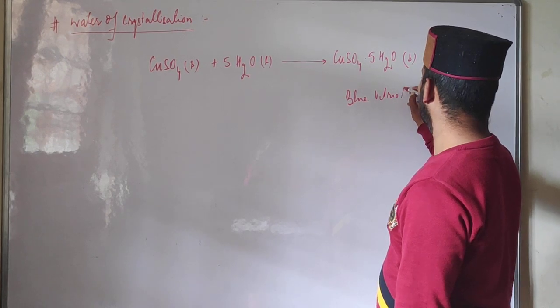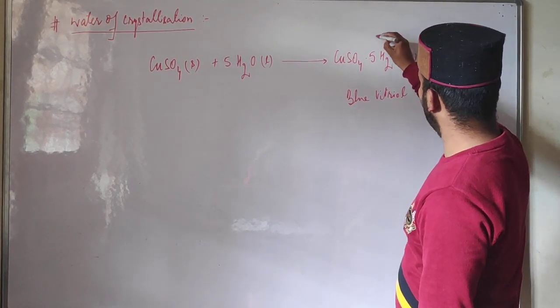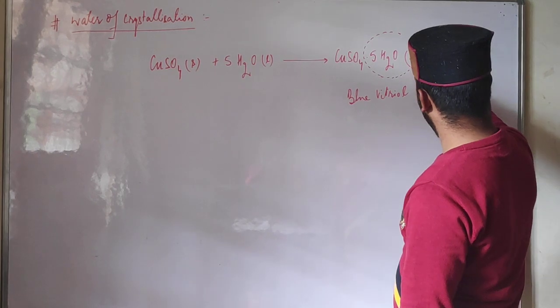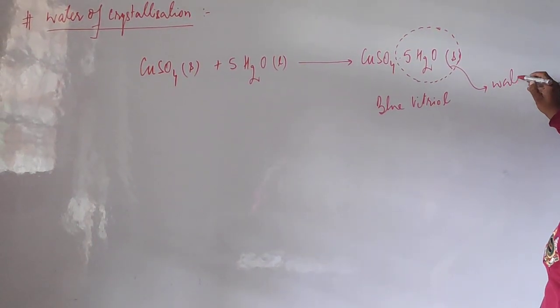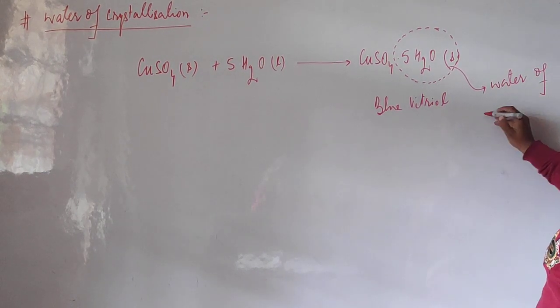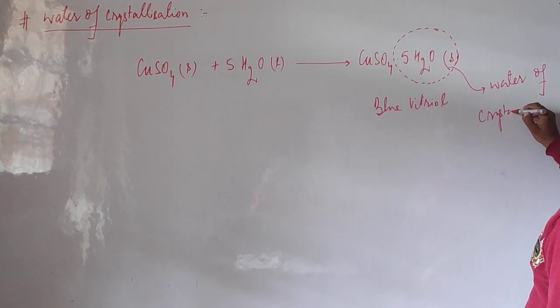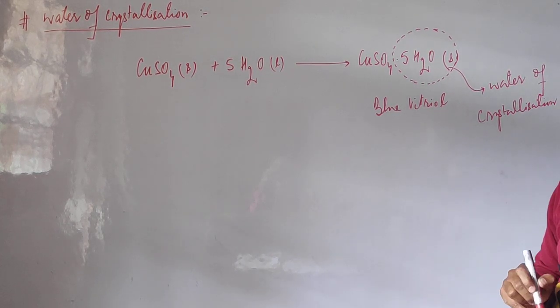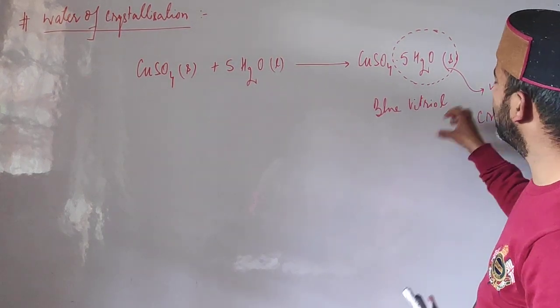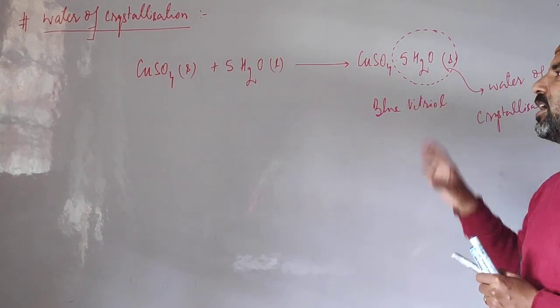And students, in blue vitriol, this quantity of water, that is 5 water molecules, is called water of crystallization. So we can say that this blue vitriol is copper sulfate pentahydrate.